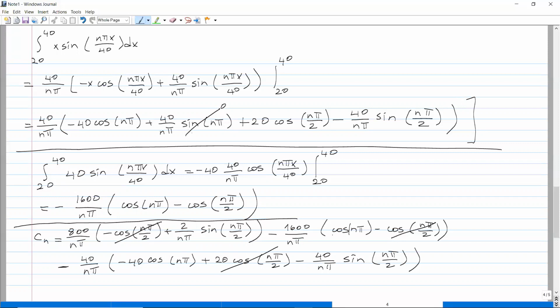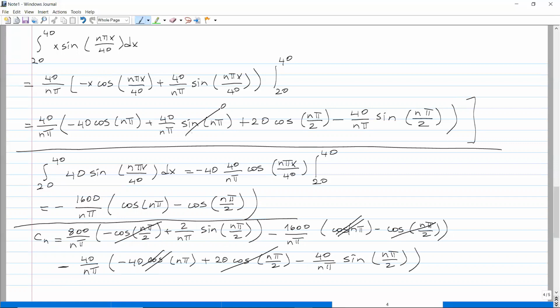All right, cosine n pi, I guess they also cancel each other out. This is minus 1600, this is plus 1600. So let's do it with double bars. These two also cancel out. So I'm left with sine n pi over 2.